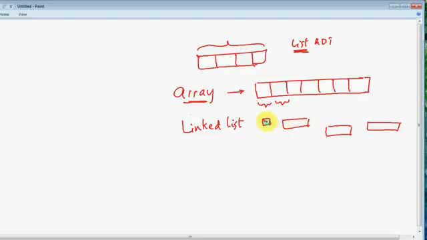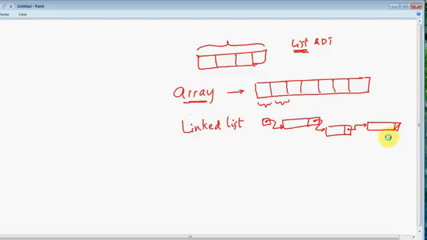And how are they linked together? Using pointers. We start with one pointer and make it point to the first element, and then the first element at the end has a next pointer, and we make that point to the next element, and then this one has a next pointer and it points to the next element, and so on until we reach the last element, whose next pointer is pointing to nothing.